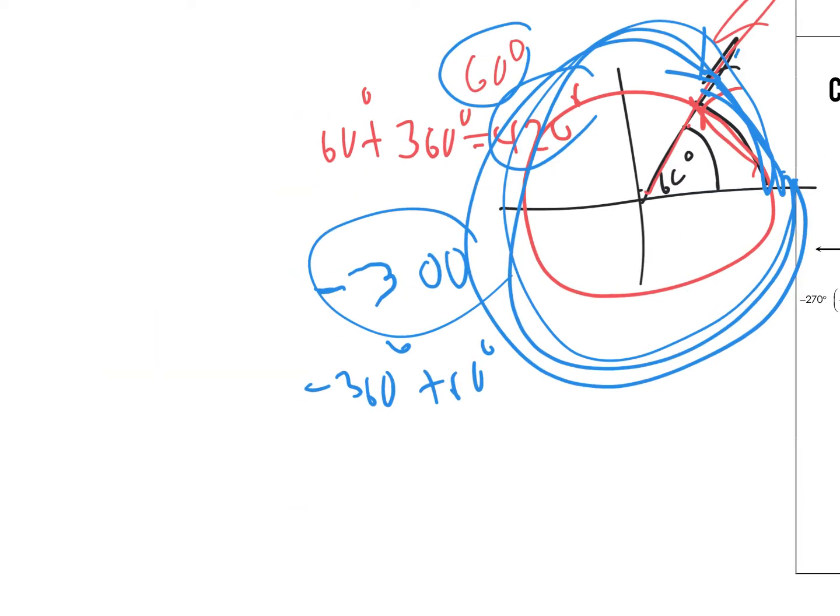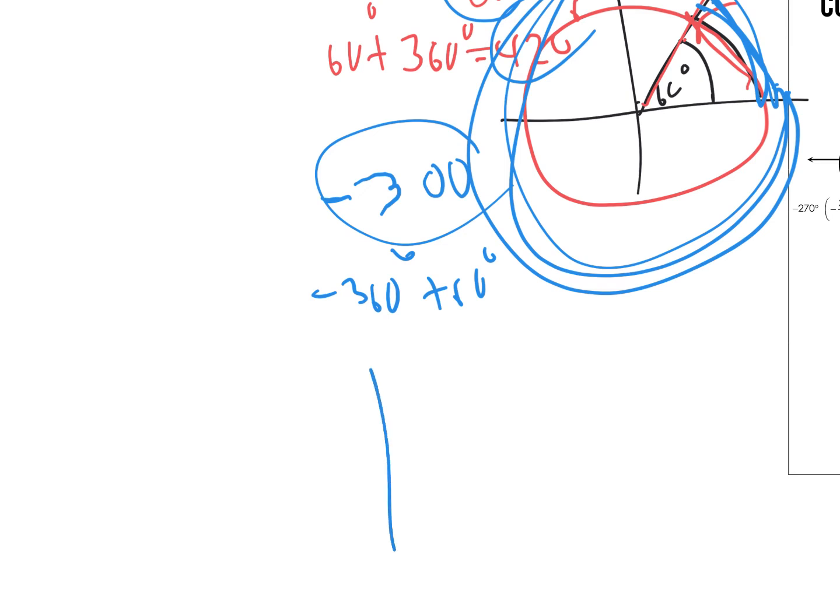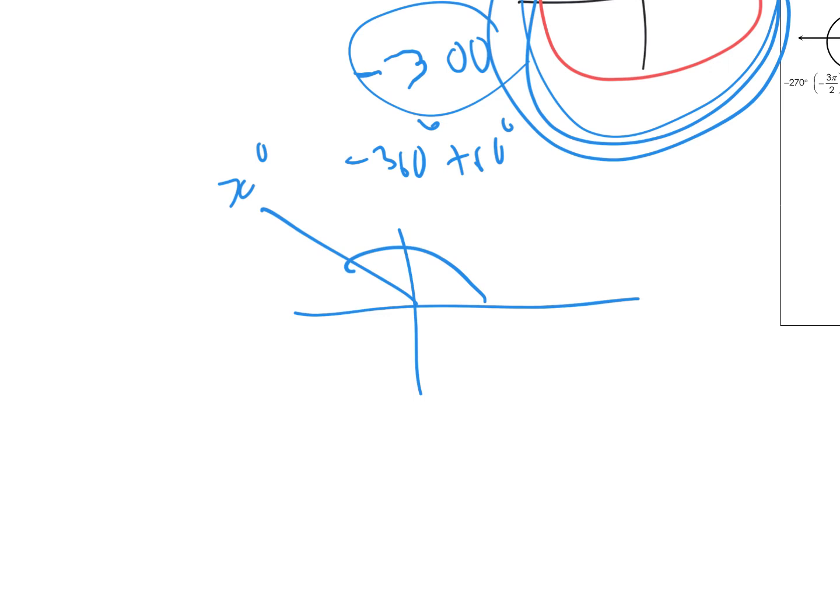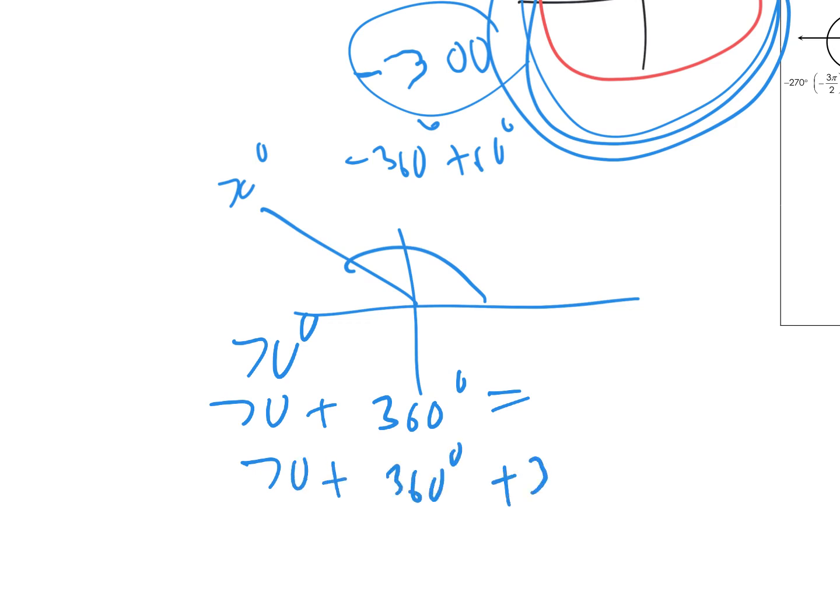And if you have nothing else to do on a Friday night, and you have a 70-degree angle, you're going to love this, guys. And you want a whole bunch of coterminals. Watch this. Here's my 70. Then I got 70 plus 360. Or I can do 70 plus 360 plus 360.